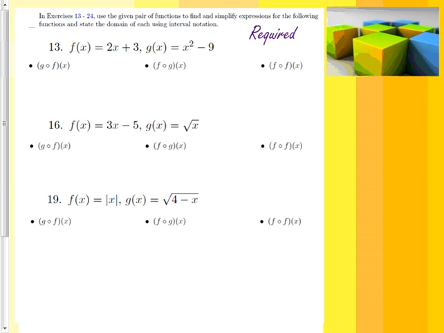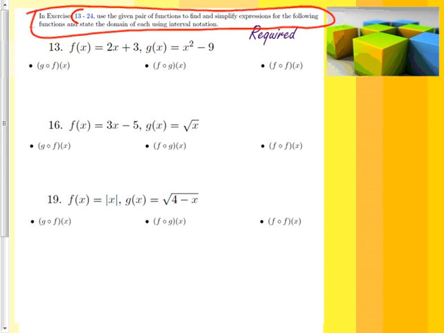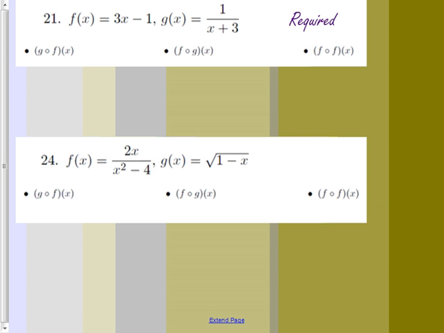Notice here, it's not on the same page. The directions are here, but the directions go for 13 through 24, which basically means 2 pages in a row. You do need to find the domain on these. Again, we're skipping number 13, but for 16, 19, and the ones after it, 21 and 24, make sure you find the domain on all of those too.